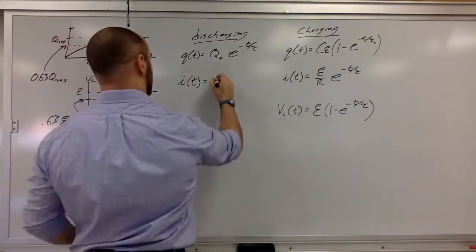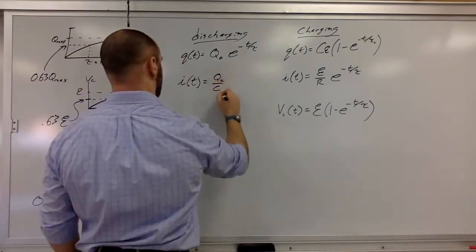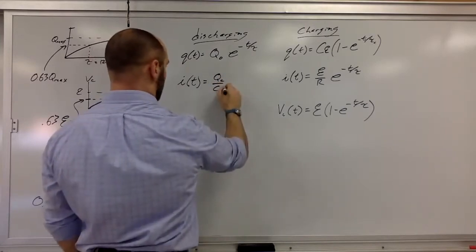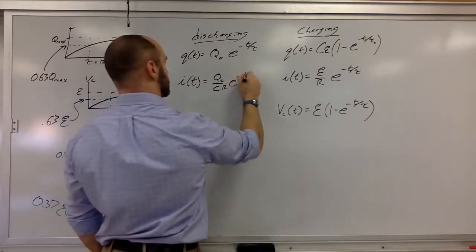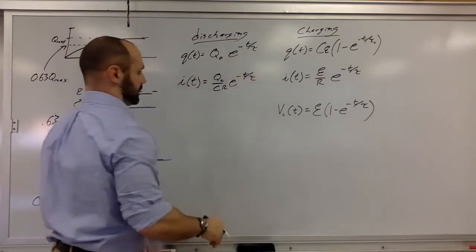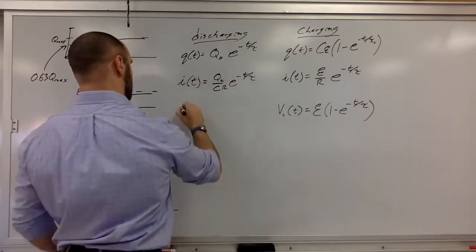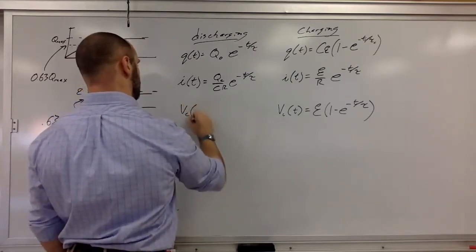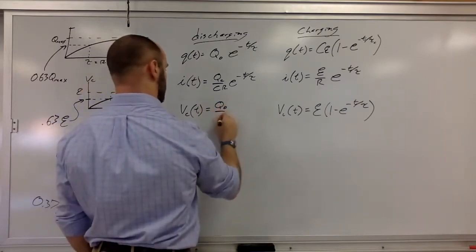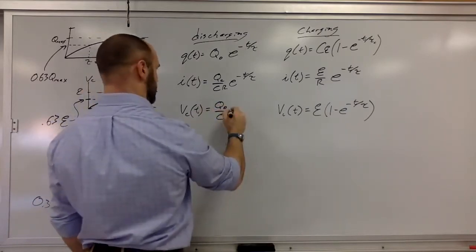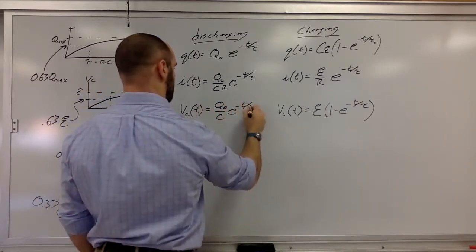The voltage, again, is given by Q naught over C, and that's over R, right? V over R would give you the current, e to the negative t over tau. And then the last thing we're looking at is the voltage on the capacitor as a function of time, and that would be Q naught over C. This also is decreasing, e to the negative t over tau.